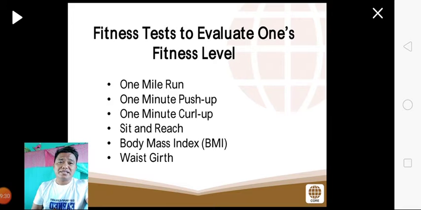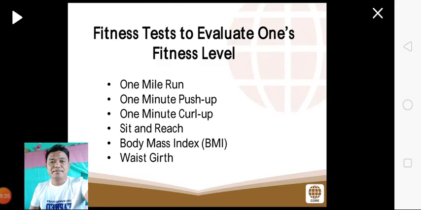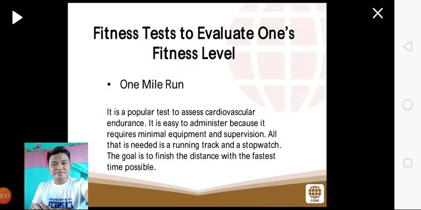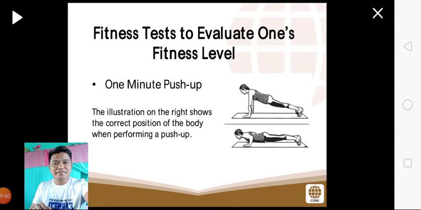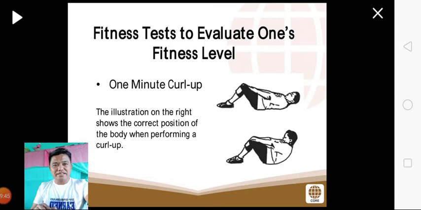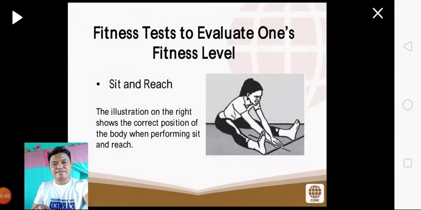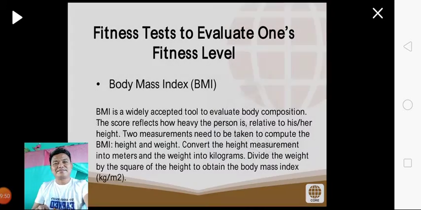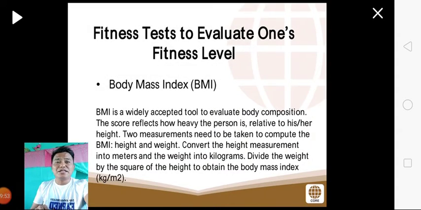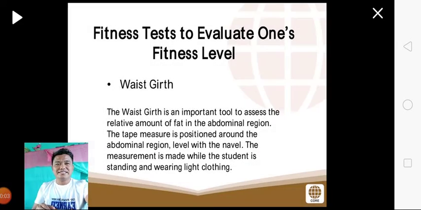I think you already saw this one in our prelim exam, and you already know the formula of the BMI.